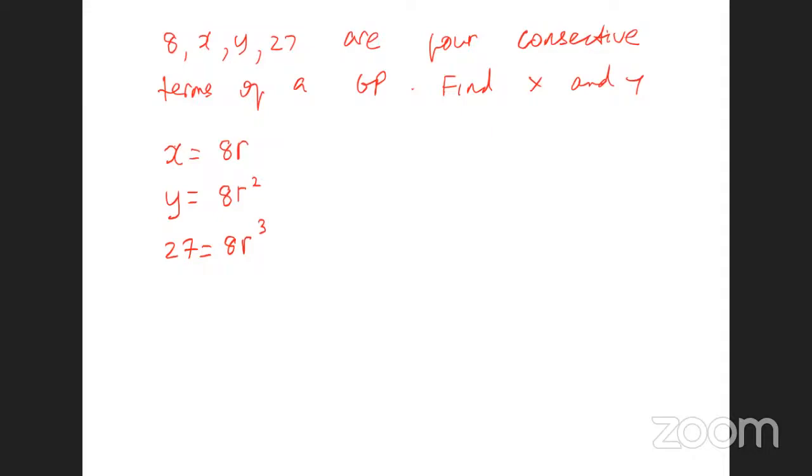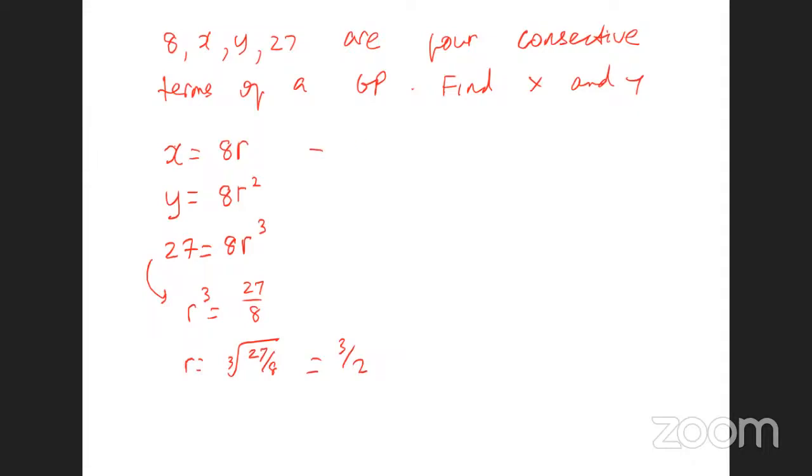From this equation, we should be able to find r. r cubed is 27 over 8, so r is the cube root of 27 over 8. I got 3 on 2.